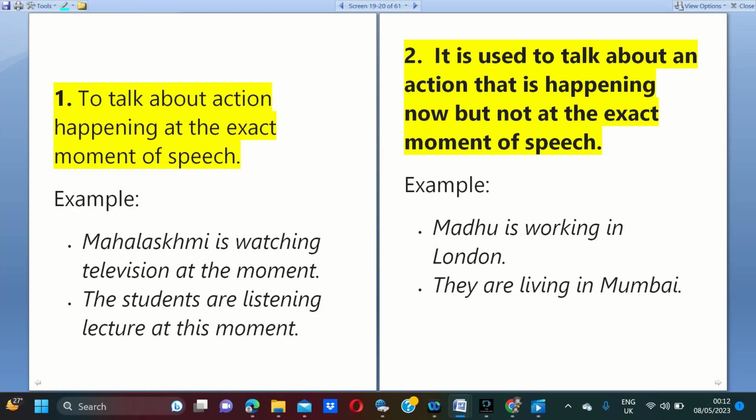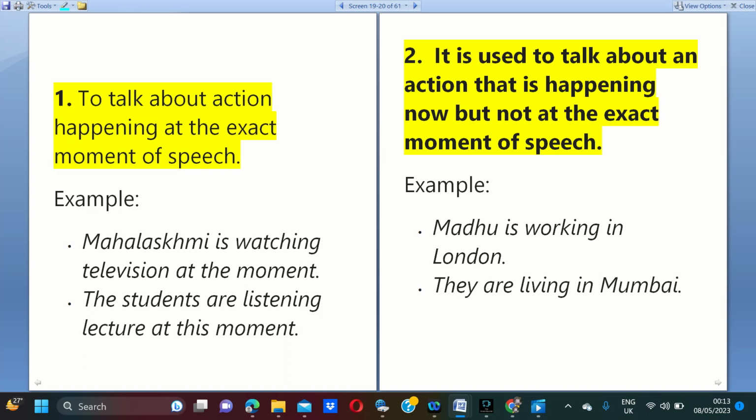Next, the second criterion to use present continuous tense is to talk about an action that is happening now, but not at the exact moment of the speech. I told you earlier, Madhu is walking in London. The action is happening somewhere else in the present moment only, but not at the exact moment of the speech.